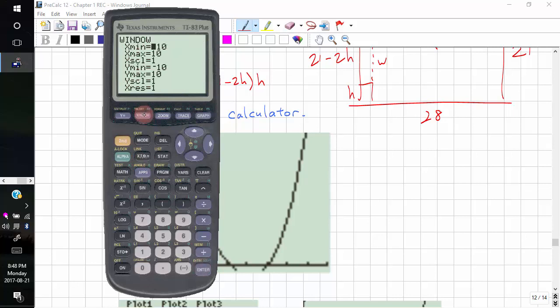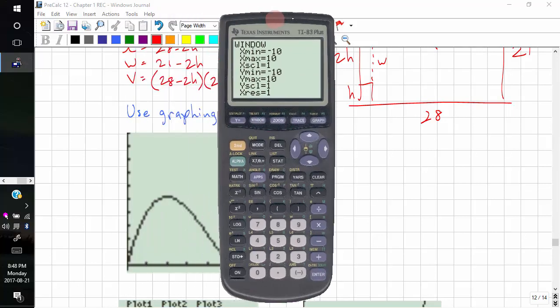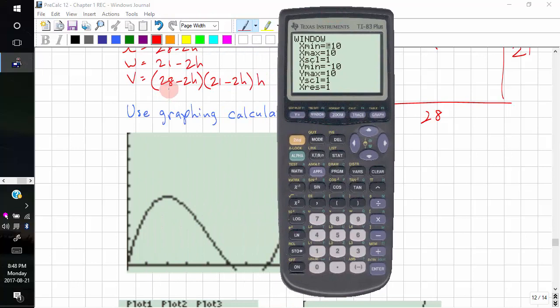Now we need to set the window. So we can get a rough estimate. We take this number and multiply by this number. So we'll just say it's 30 times 20, so that's 600. And I want to not make that go so far back. And graph.